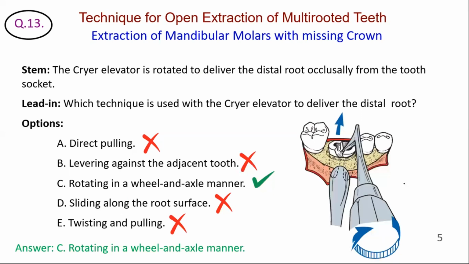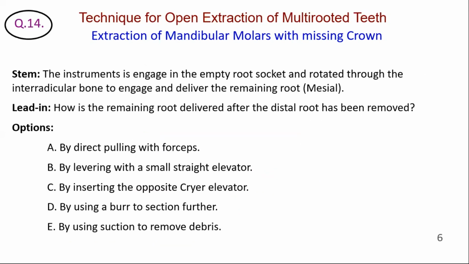The Cryer elevator is rotated in a wheel and axle manner to deliver the distal root occlusally. The instrument is engaged in the empty root socket and rotated through the interradicular bone to engage and deliver the remaining root. How is the remaining root delivered after the distal root has been removed?